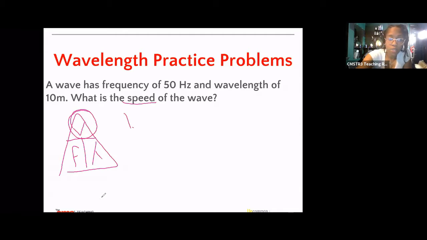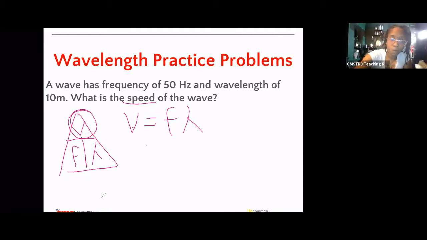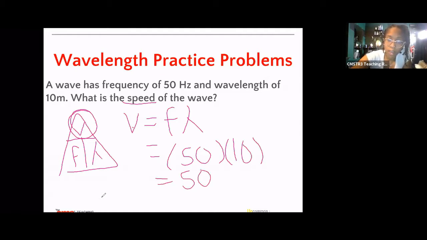So that means I'm going to say my velocity is equal to my frequency times my wavelength. So V is going to be equal to 50, which 50 hertz is my frequency, times the length of 10 meters. So my speed here is 500.